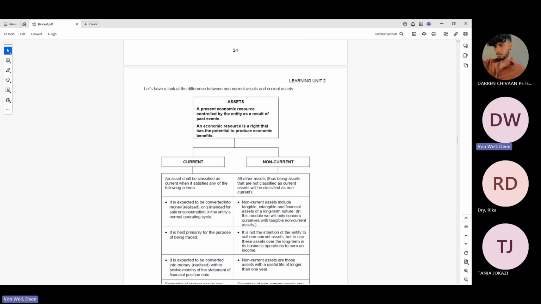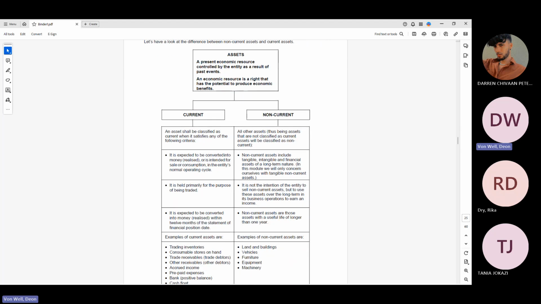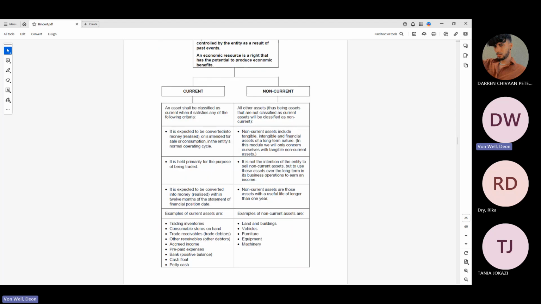Remember, debtors and trade receivables are the same thing. Those are my current assets, so their balances change within 12 months. My non-current assets are all my long-term items: my land and buildings, my vehicles, my furniture, my equipment, my machinery, those types of assets that I keep for a longer period. And normally those are also the more expensive ones.